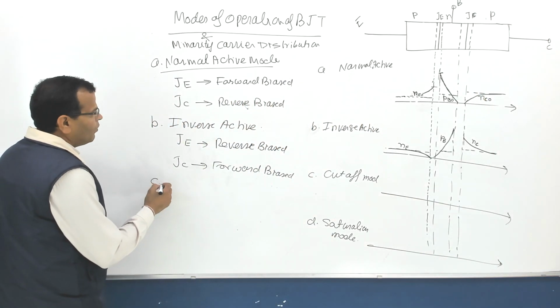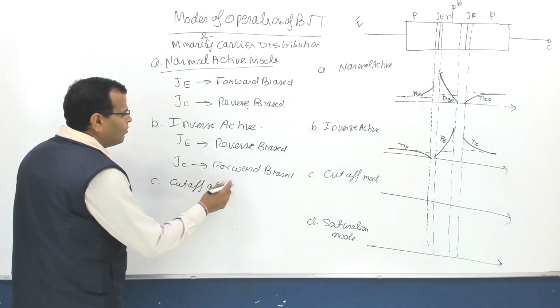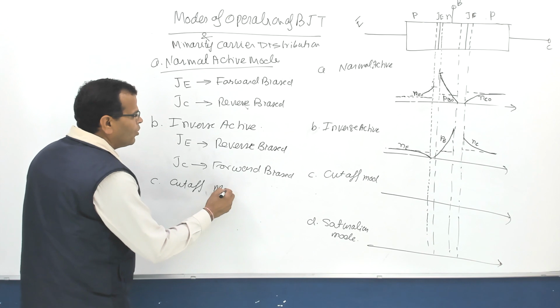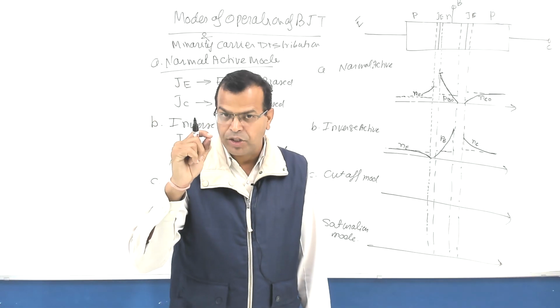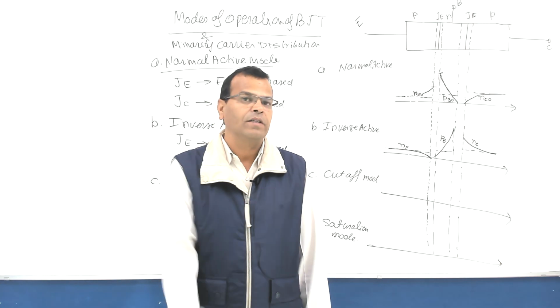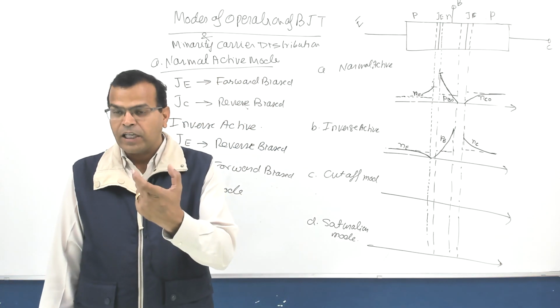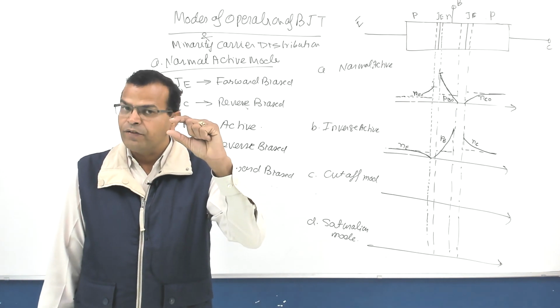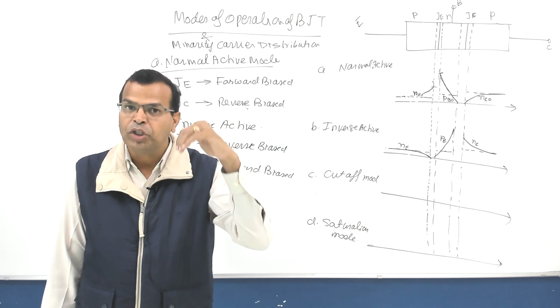Then the next mode of operation is cutoff mode. Cutoff mode is basically the mode where both emitter and collector junctions are reverse biased. When junctions are reverse biased, I have already explained that the concentration of the minority carriers at the edge of the depletion layer becomes 0.